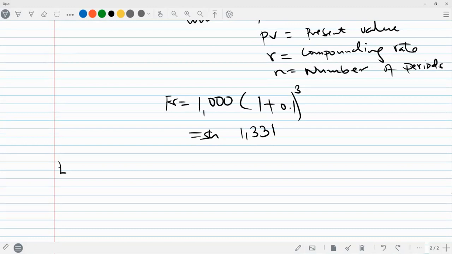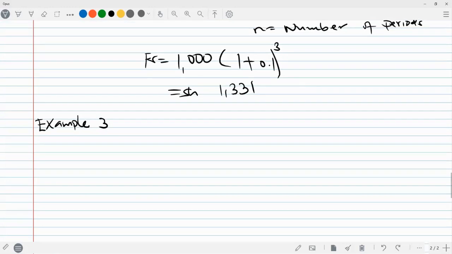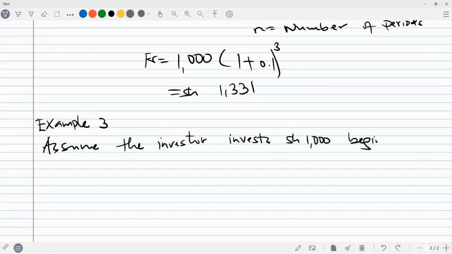Okay, so we can call this example maybe 3. Assume the investor invests 1,000 shillings at the beginning of every year for 3 years.